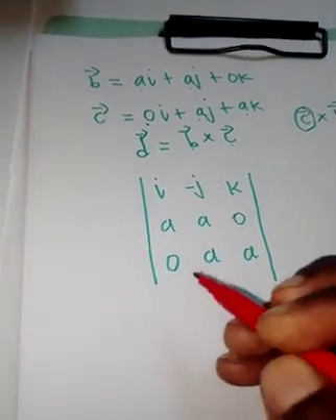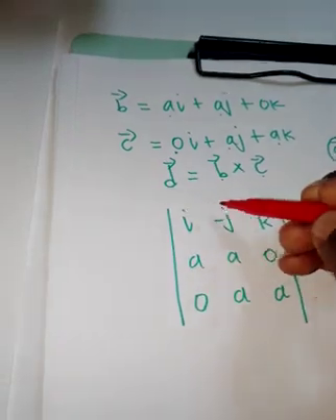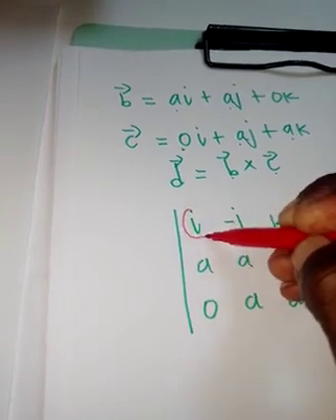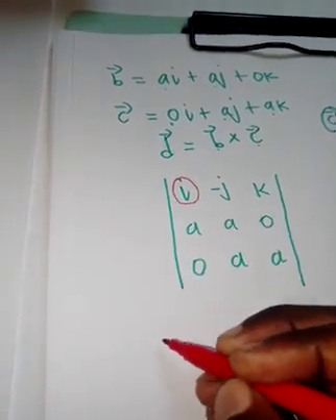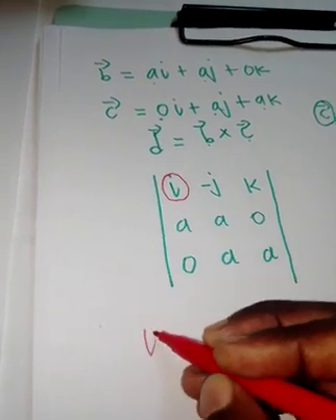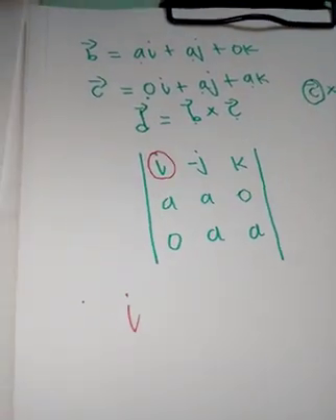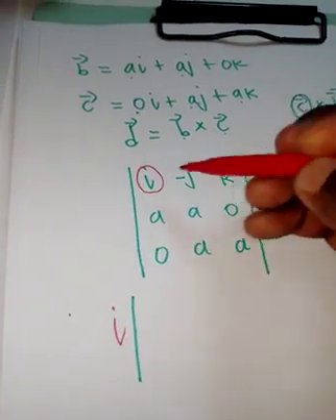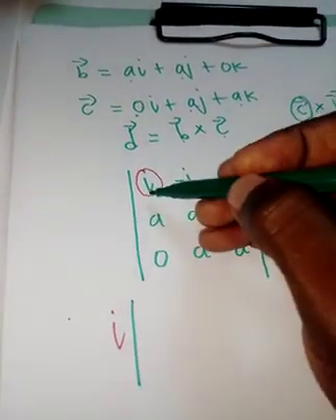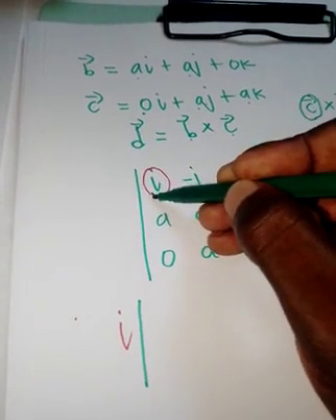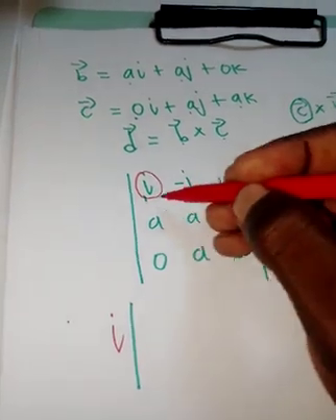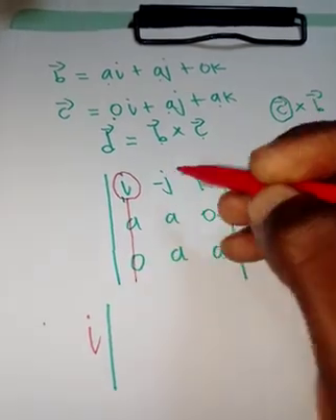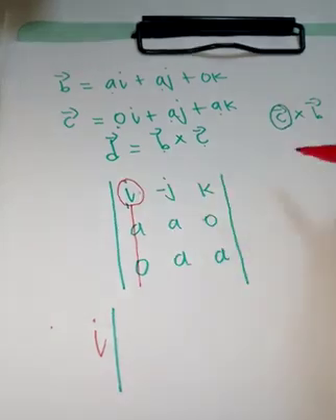So let's do this. You pick i. If we pick i there, you write i. What you have to do is that everything under i there, let me use red, the column and the row of what you have picked should be eliminated.